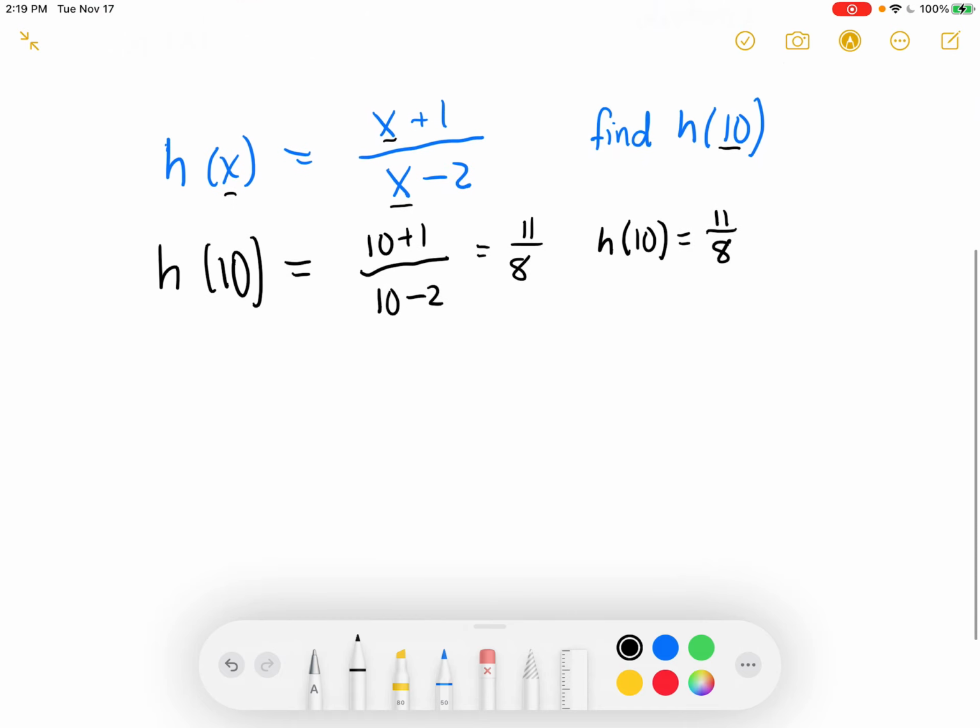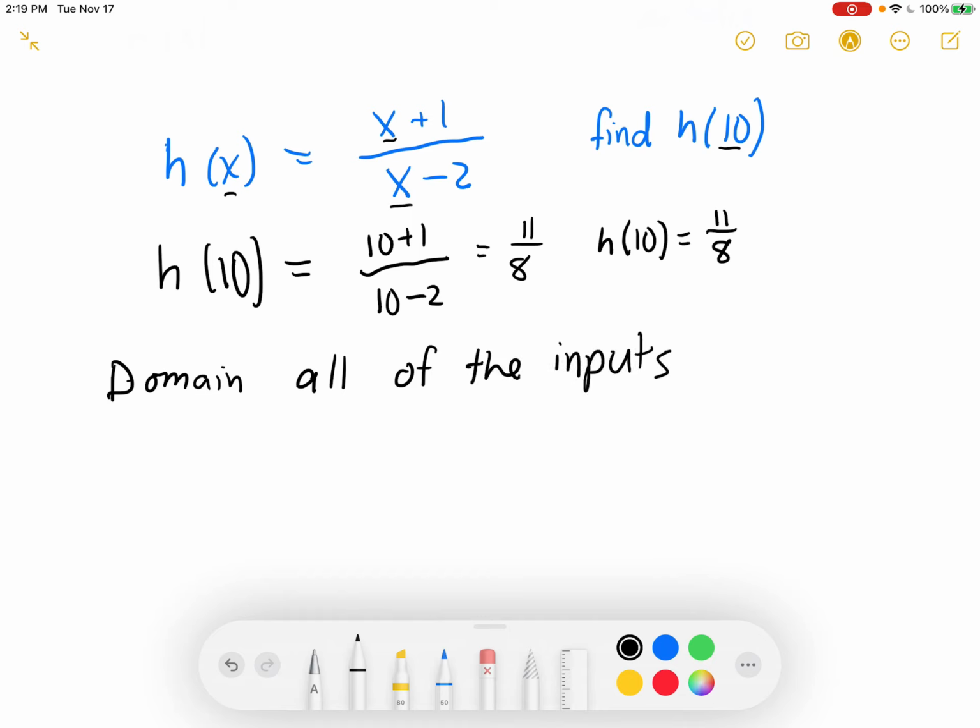All right, the other thing that I just wanted to point out, we're going to talk just a little bit more, practice some domain and some range. Remember, domain is anything you can put into the function. All right, and range is all of the outputs.